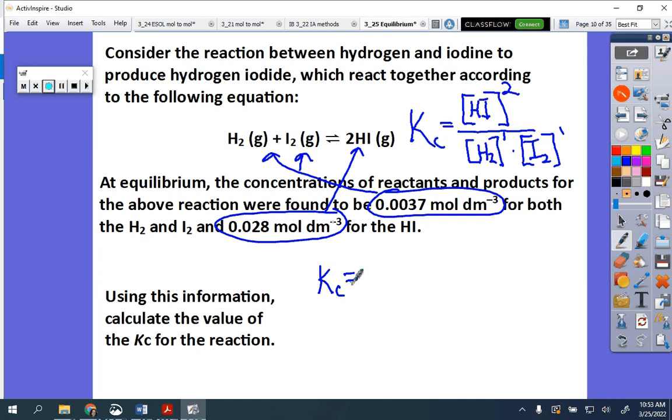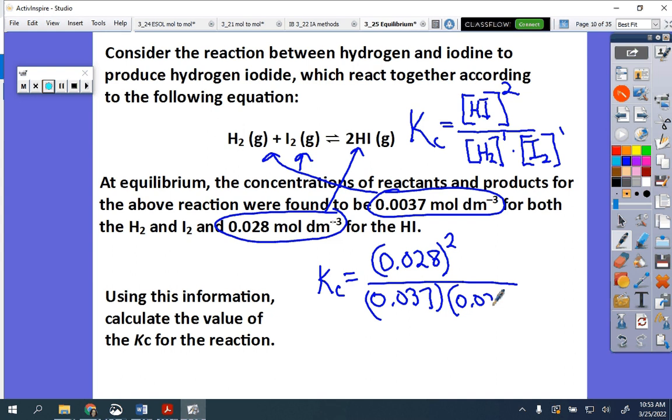We can say 0.028 to the second over 0.037 to the first times 0.037. Okay, and calculating that will give us our equilibrium constant for this reaction that's described in the question.